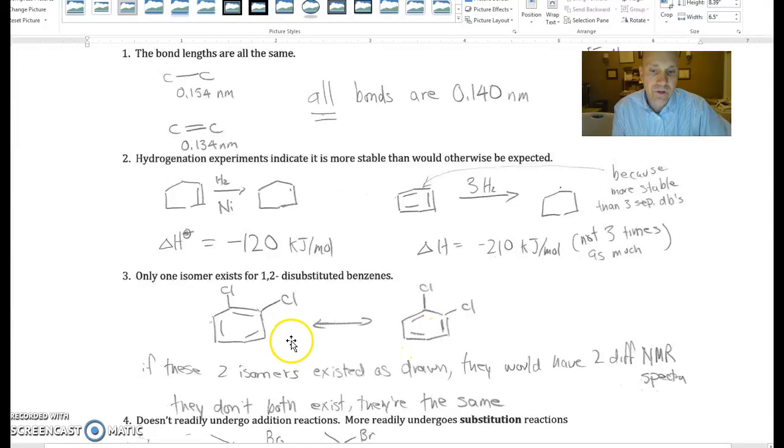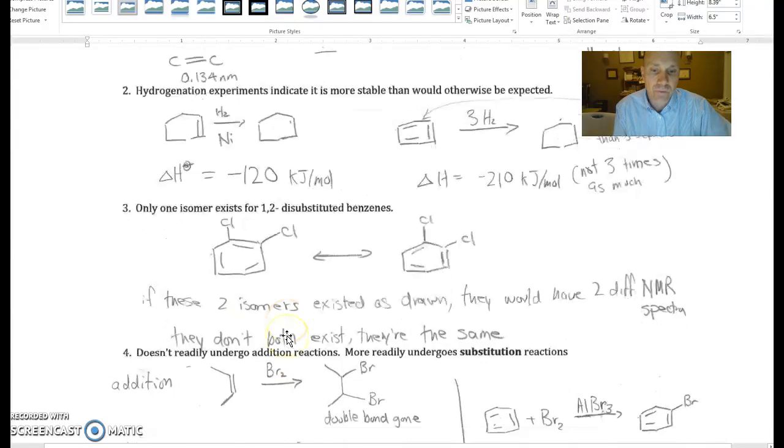So the fact that we don't see this type of coupling in the NMR spectra indicates that this isn't really the way these things exist. In fact, they don't exist like this or like this. They kind of exist as something in between.